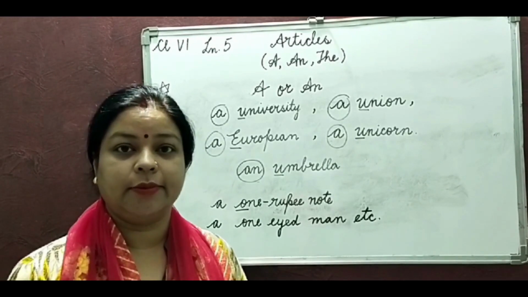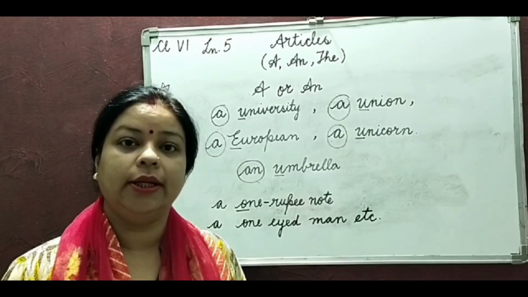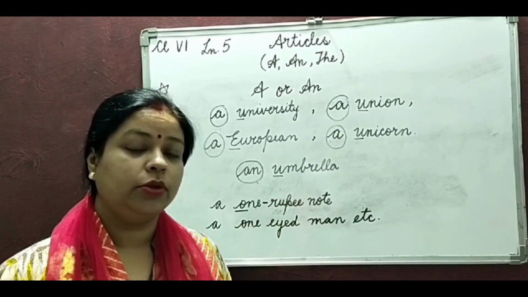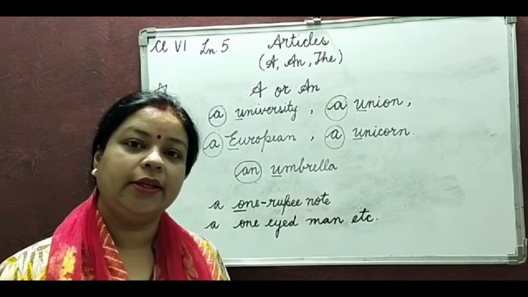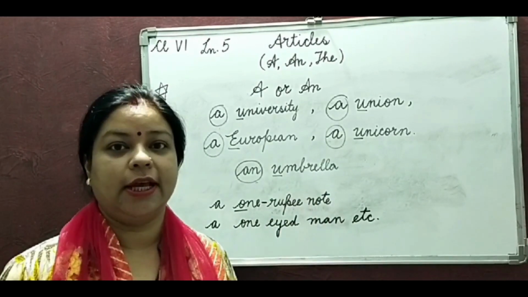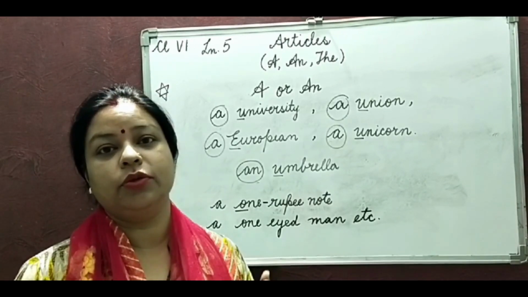But sometimes, though the words start with a vowel letter, the sound while pronouncing them is different, and that makes a great difference. That's why we don't use the article an. Instead, we use a.